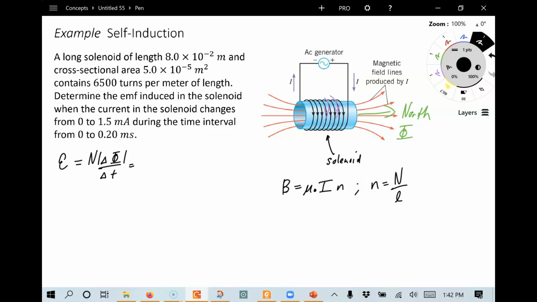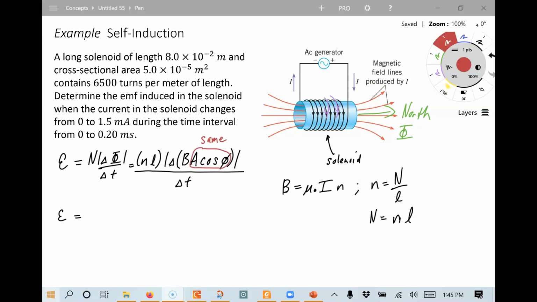So for Faraday's law, our N becomes nL, and then we're going to have delta phi, which means delta B times A times cosine of phi, all divided by delta T.